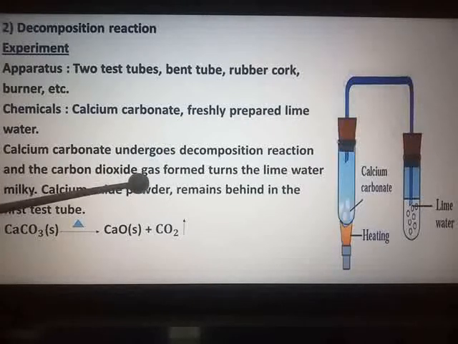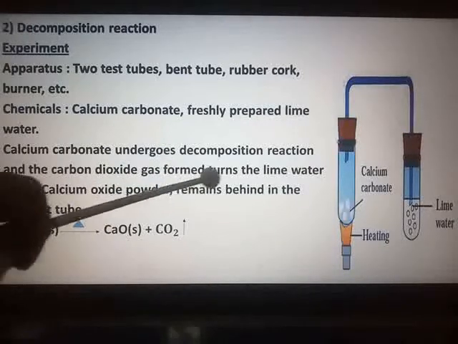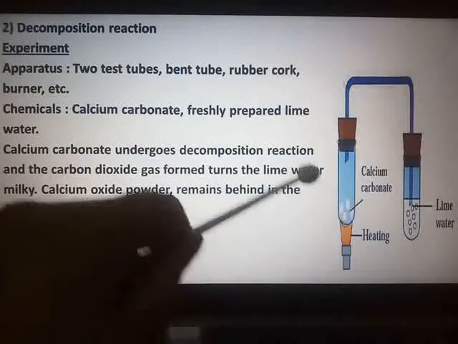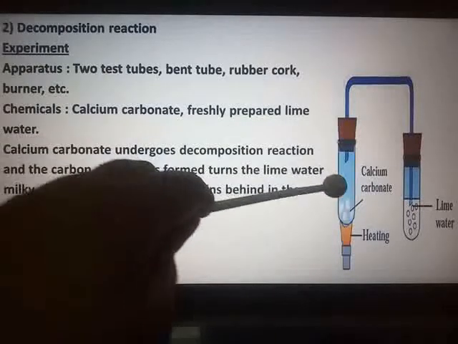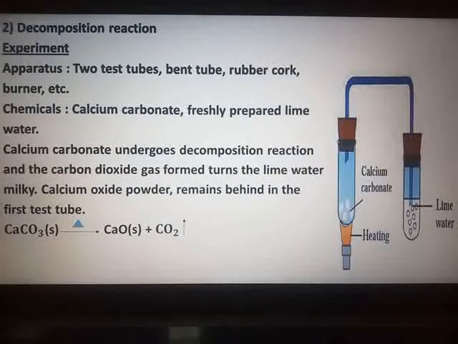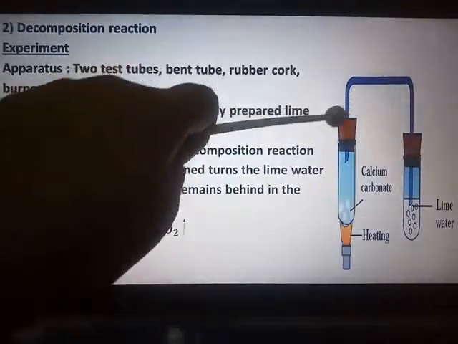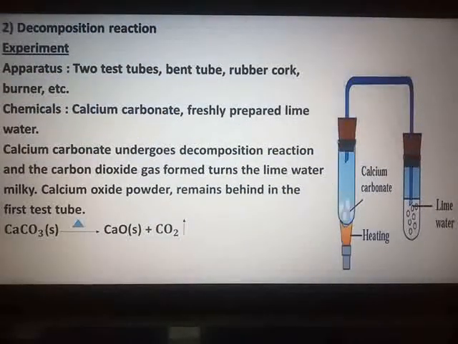Calcium oxide powder, that is CaO, remains behind in the first test tube. So calcium carbonate was a reactant. When it was strongly heated, it was broken down into two products, that is calcium oxide and carbon dioxide gas, and this gas turned lime water milky, whereas in the first test tube after the reaction, calcium oxide was found left behind.